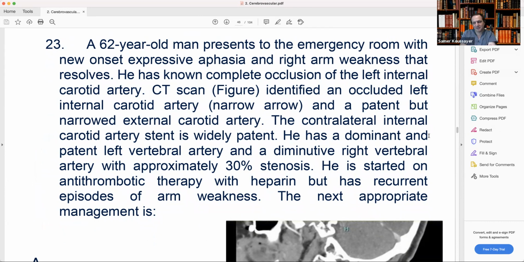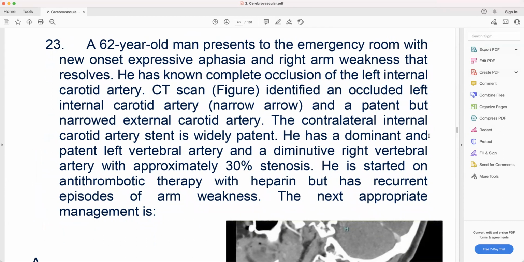A 62-year-old man presents to the emergency room with new onset expressive aphasia and right arm weakness that resolved. The CT scan identifies an occluded left internal carotid artery and a patent but narrow external carotid artery.